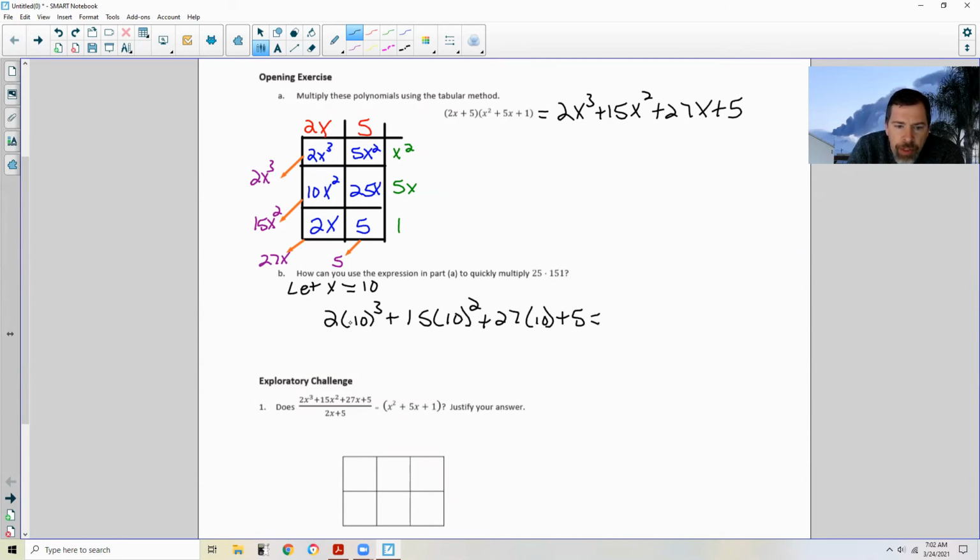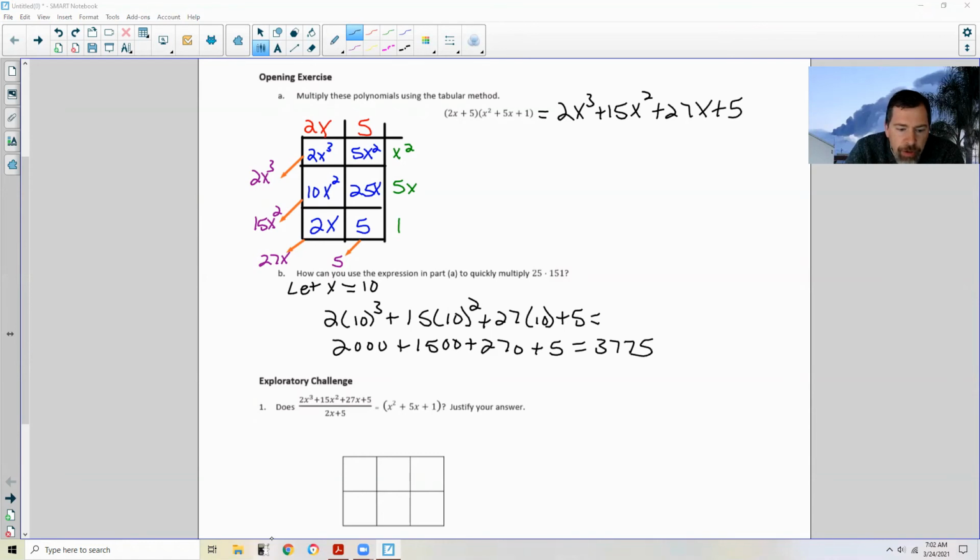Well, 10 cubed is 1,000, so that's 2,000. Plus 10 squared is 100, so that's 1,500. Okay. And 27 times 10 is 270 plus 5. Well, 2,000 plus 1,500 is 3,500. Here's 3,775.